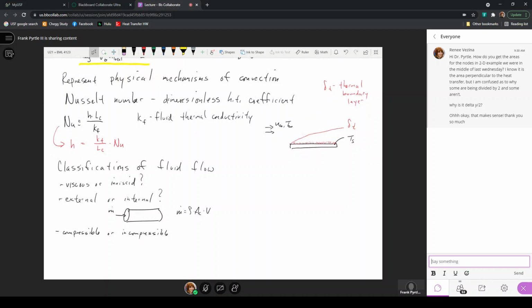Now, of course, we also have to consider, is it a laminar or turbulent flow? Those are the two major designations for fluid flow types when we were considering just the fluid dynamics of the problem, such as the surface temperature and the fluid temperature were the same. We evaluate the properties at one of those temperatures because they were the same.